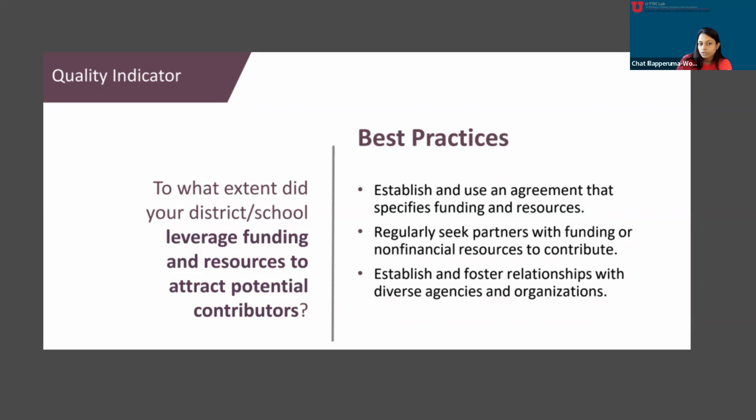So think about an MOU where both parties talk about what the funding partnerships look like, and if there are non-financial resources, what those exchanges look like. You also want to regularly seek potential partners who may have funding or non-financial resources that can be contributed to support the larger school mental health work. And you also want to not only establish, but also foster relationships with diverse agencies and organizations in the community, with the goal to create more opportunities to leverage funding and resources.